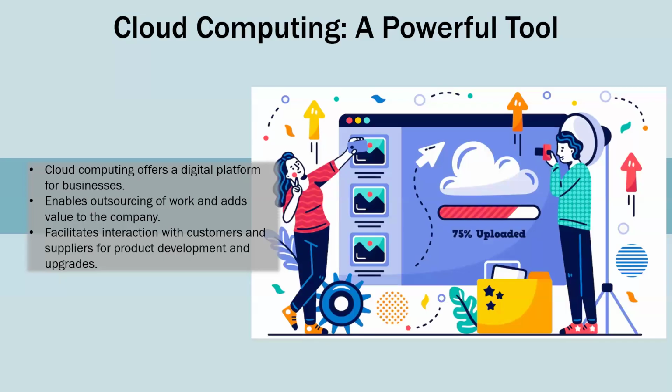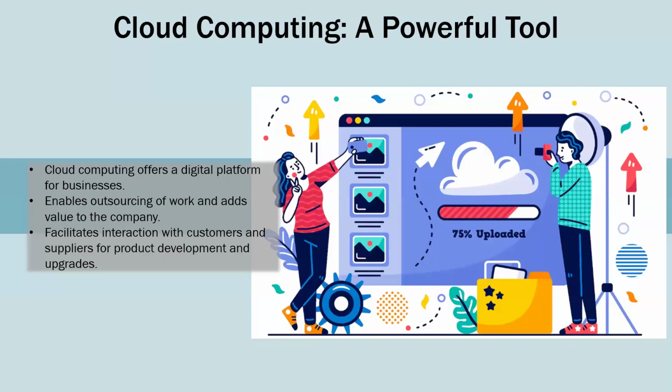Then they'll say, we're going to rent computers from you that are accessible from anywhere as long as the person has internet. Then the same information that was in the physical data center is moved into the cloud. So that's why they're saying it offers a digital platform for businesses, right?